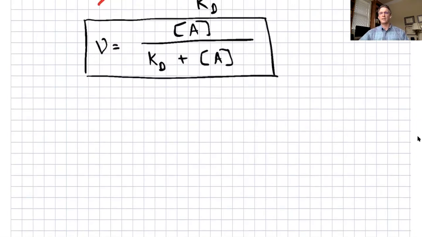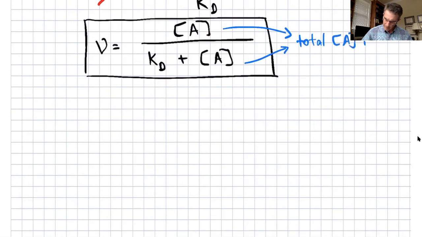Now, formally, technically, one would have to keep track of the concentration of A that's bound versus the concentration of A that's free. You normally do these experiments under conditions where the amount of A that gets bound is relatively small compared to the total amount of A. So I haven't been explicit about it, because depending on how you do the experiment, you've got to be careful. But in general, it's a reasonable approximation that if you do the experiment the right way, the concentration of A here is essentially the total concentration of A in the experiment.